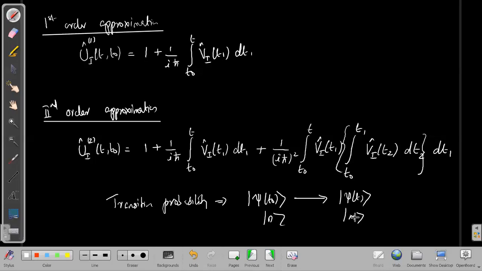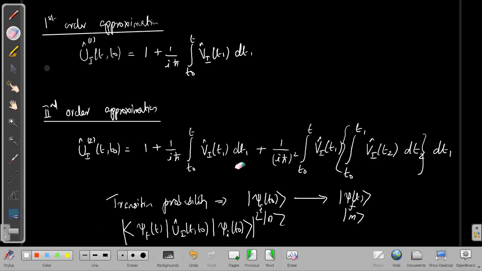So what is the probability for this transition? How to find that? For the transition from some initial state psi_i to some final state psi_f, we can find it from the inner product of psi_f with U_I(t, t0) psi_i at t0. If you take the mod square of this, we'll get the total transition probability.